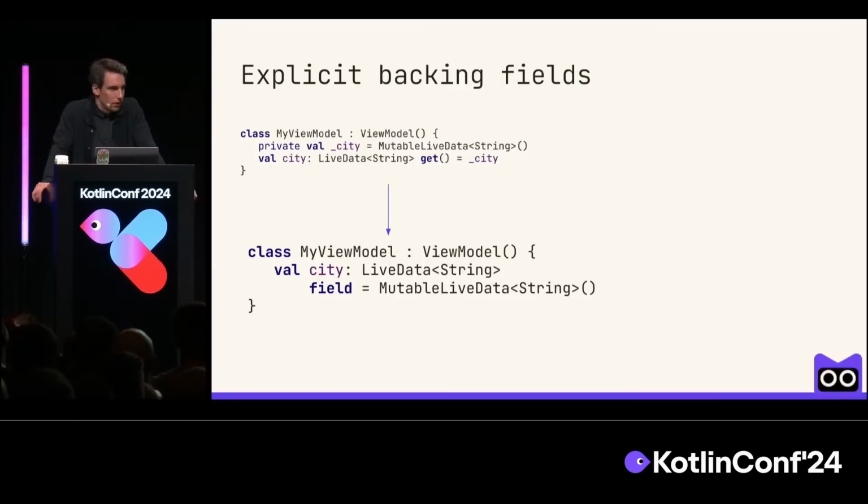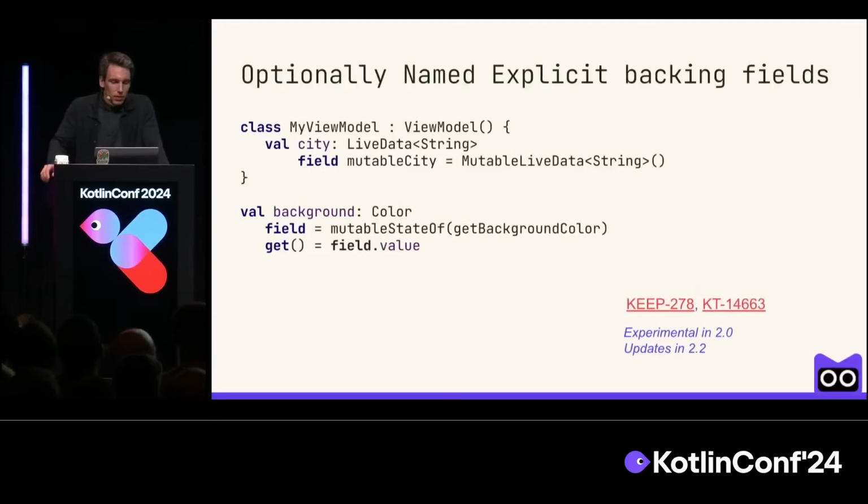Should it be a field or should it be a getter? And for now, we've been thinking that we are going to introduce optionally named explicit backend fields to resolve those conflicts. The feature for explicit backend fields was released as experimental in 2.0, and we are aiming to provide updates on it in Kotlin 2.2.